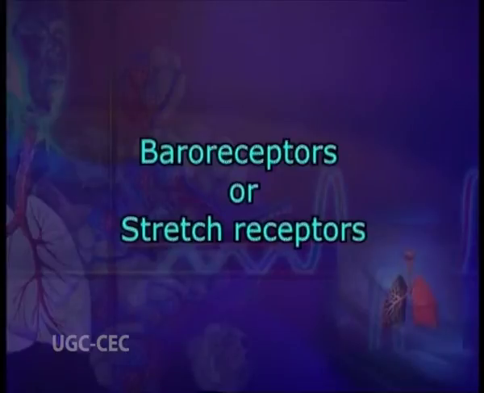The smooth muscle of the conducting pathways has stretch sensitive receptors called baroreceptors or stretch receptors. When these receptors become stretched during overinflation of the lungs, nerve impulses are sent along the vagus nerves to the inspiratory and apneustic centers.